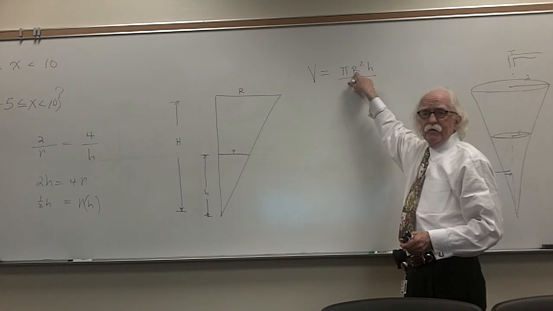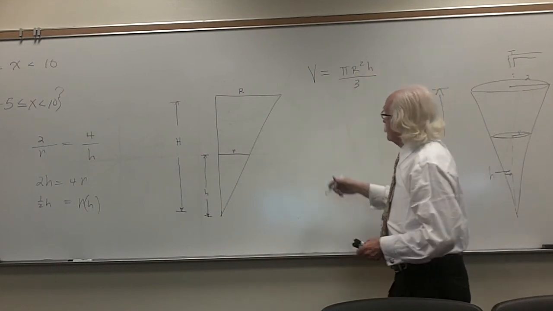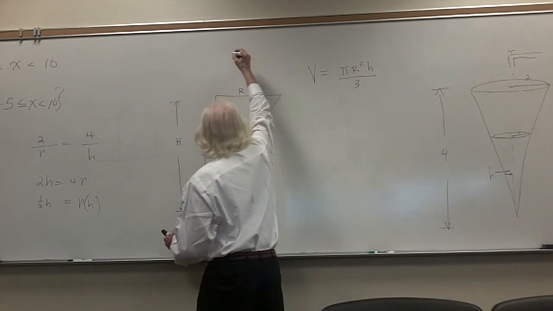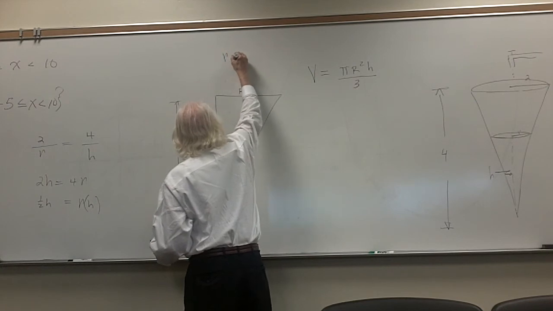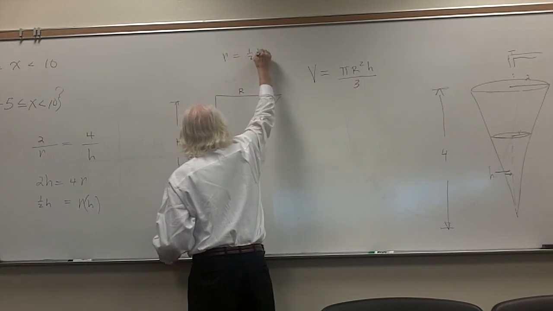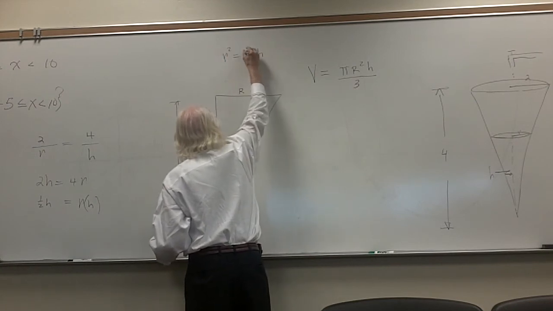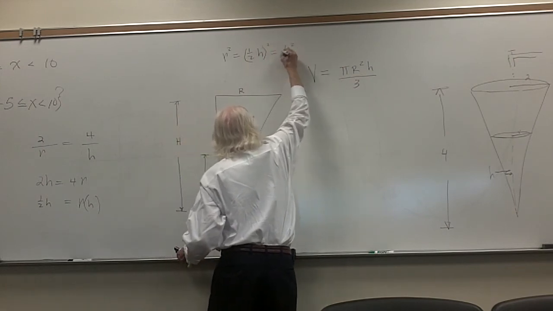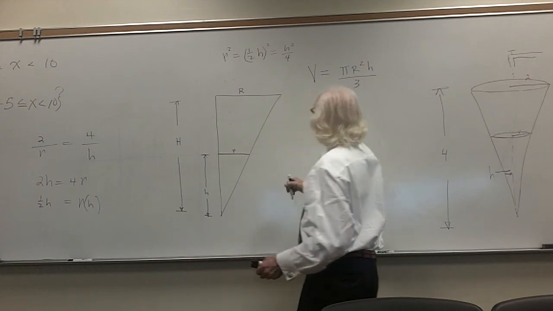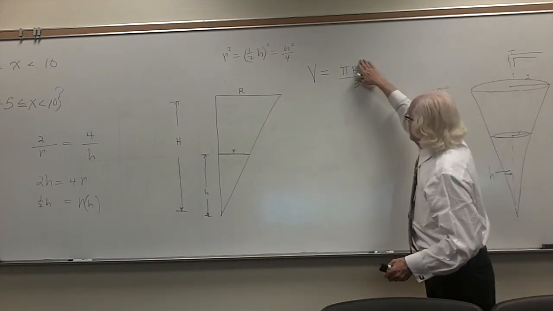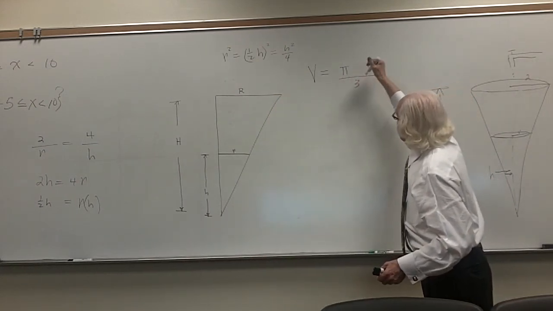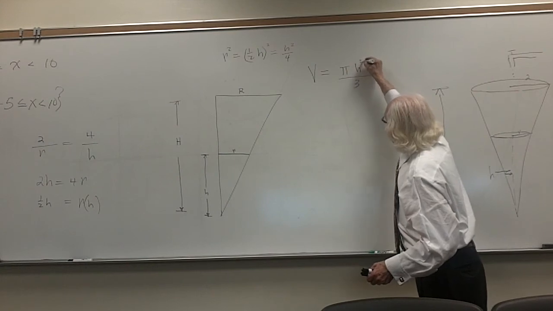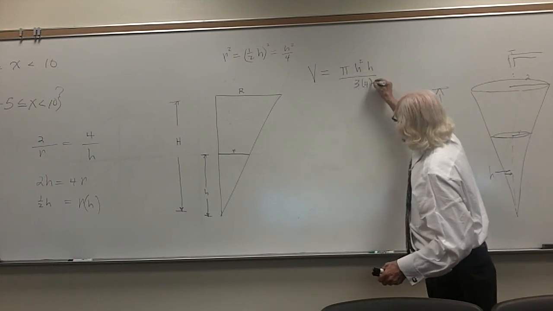That's r squared, right? Do you remember us finding that r was equal to 1/2 h? If I squared this side, I would square this side. I would get h squared over 4. So I could replace this by putting this as h squared over 4.